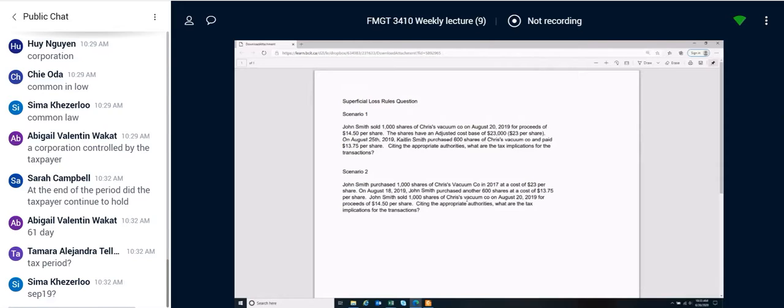In this case, we did not discuss that there was any disposal afterwards. So presumably, they did continue to hold after September 19th, 2019. So all 4 triggers have been met. Now you have a superficial loss.